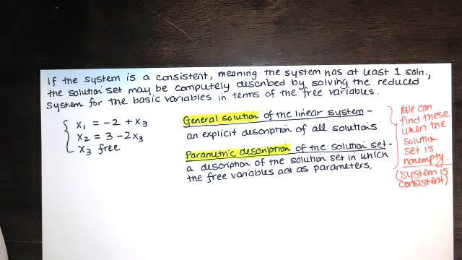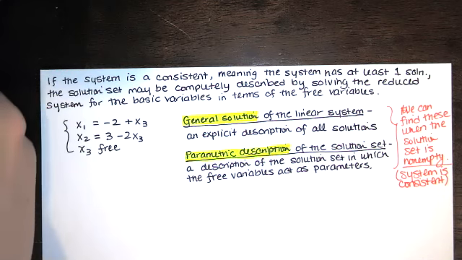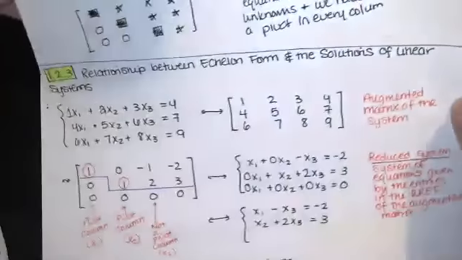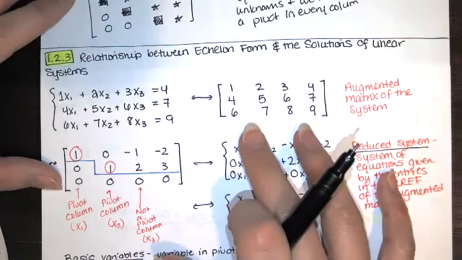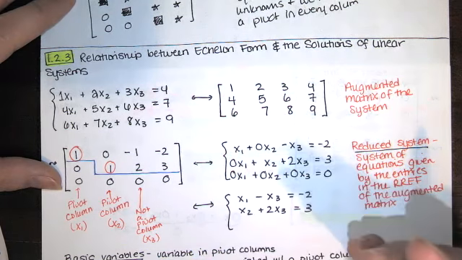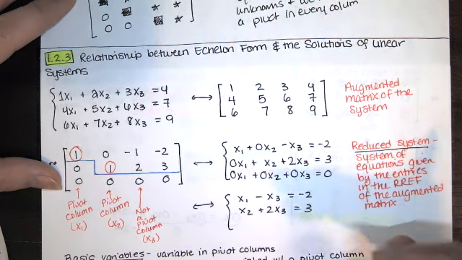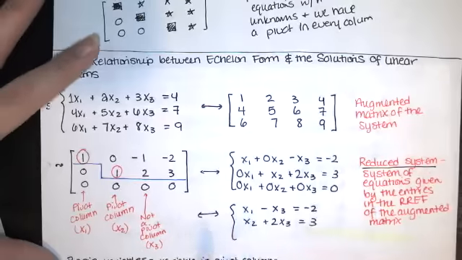Okay, so I think we see now how the echelon form of the augmented matrix of a linear system can tell us something about the solutions of that linear system.